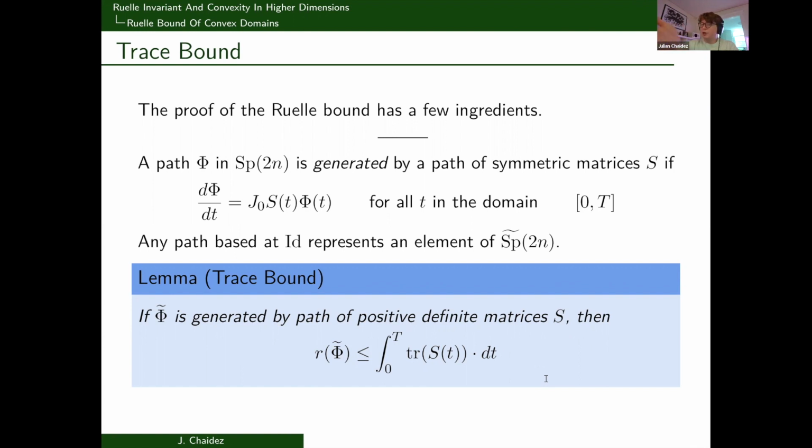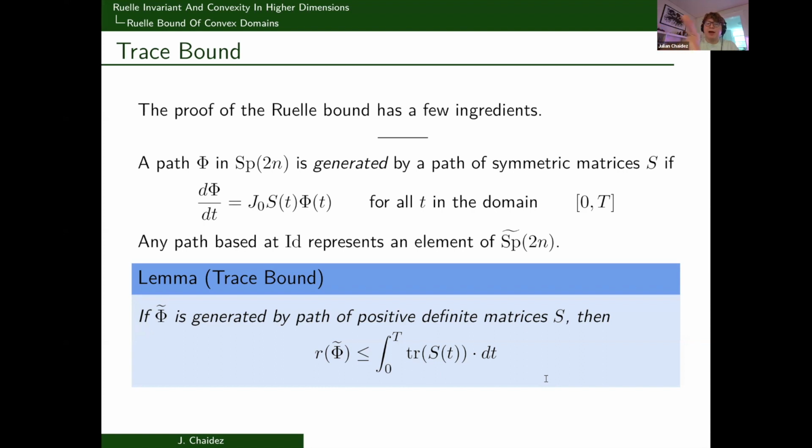So this is just the obvious thing you would say for any Lie group in any Lie algebra. And then any path based at the identity will represent some element of the universal cover.